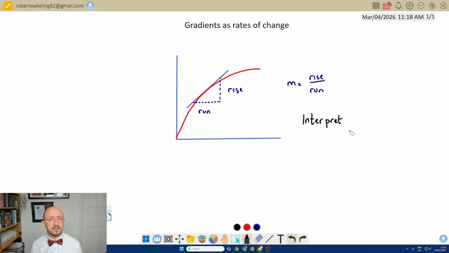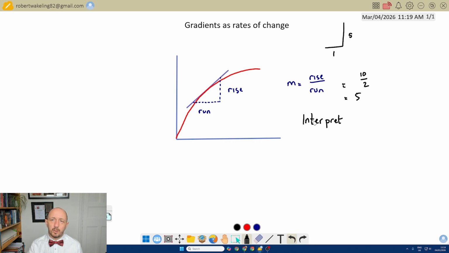Let's say we do our rise over run and we get 10 over 2, and we get an answer of 5. What does that actually mean, to have a gradient of 5? It means for every 1 we go across, we go up by 5.